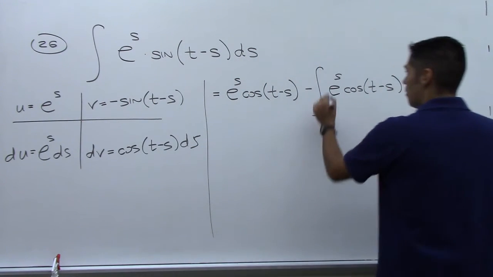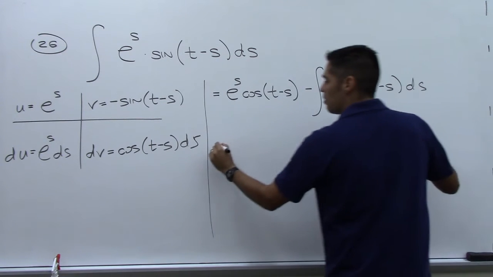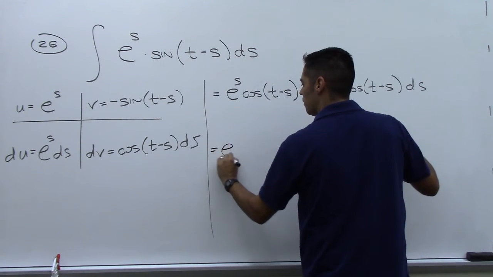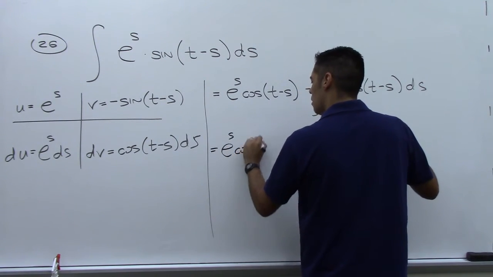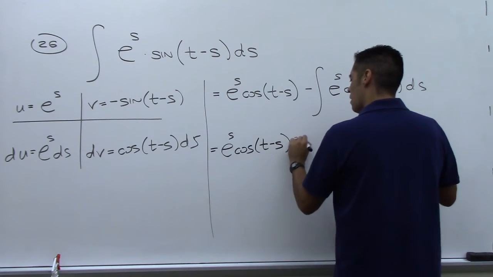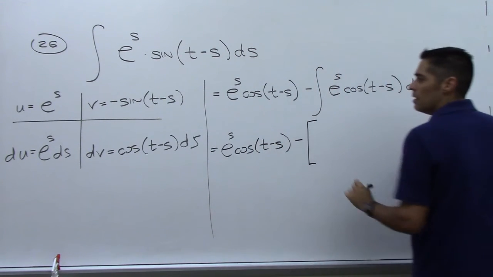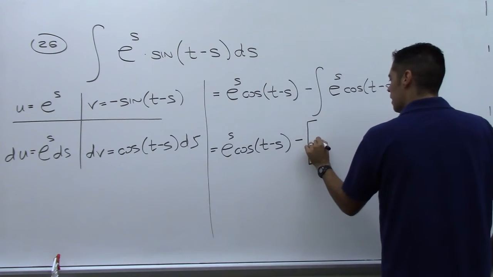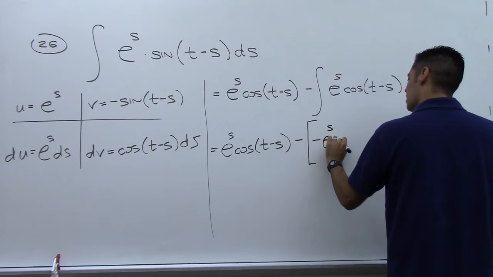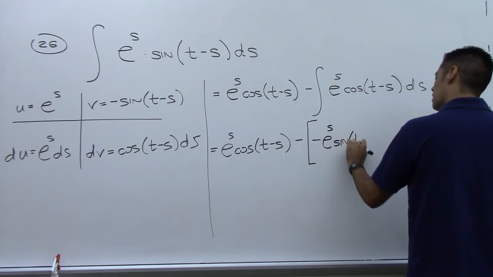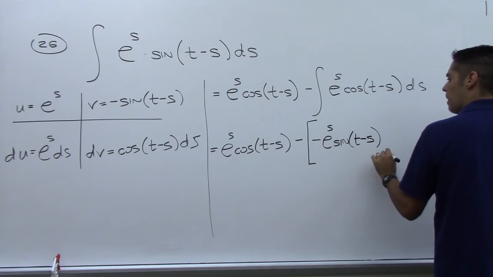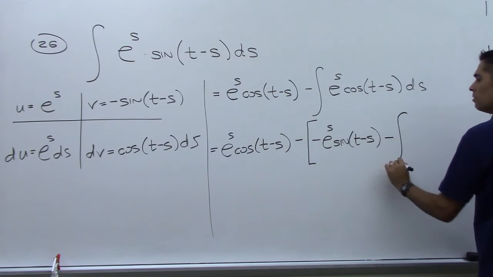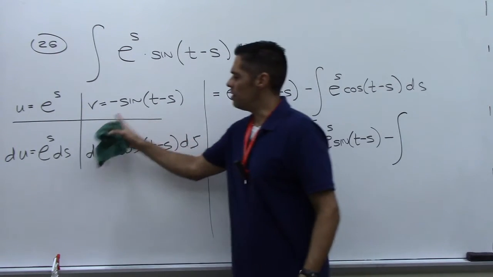All right, so what's here is going to be a new uv minus v du. So we have the original uv right here, minus, in brackets, this new uv, which is this times this. So negative e to the s sine t minus s minus integral v du, which is here and here.